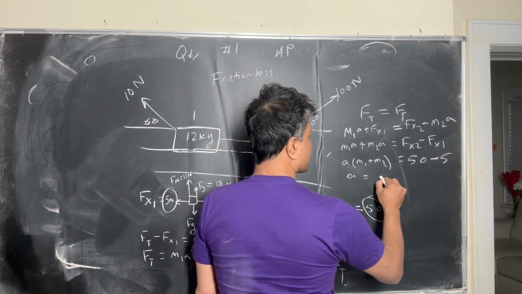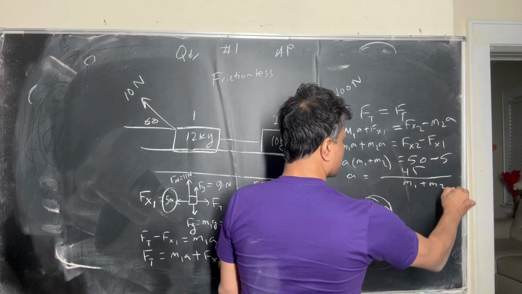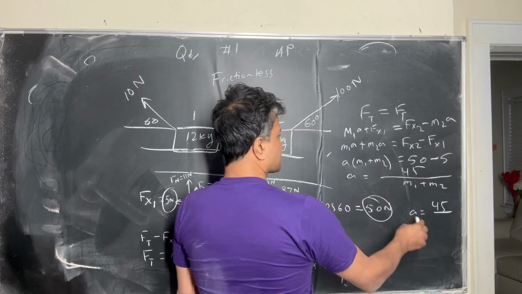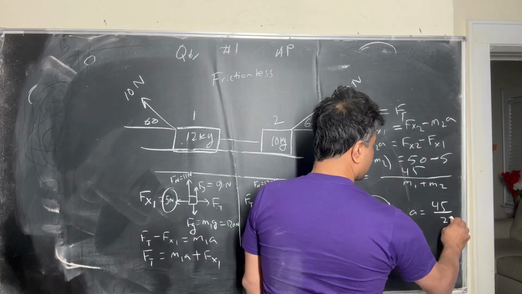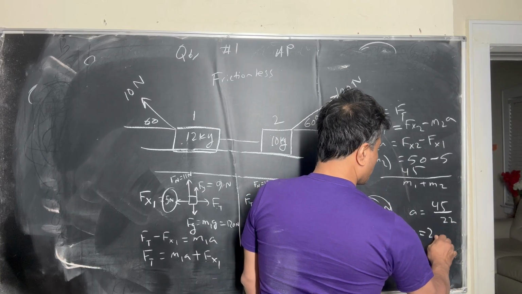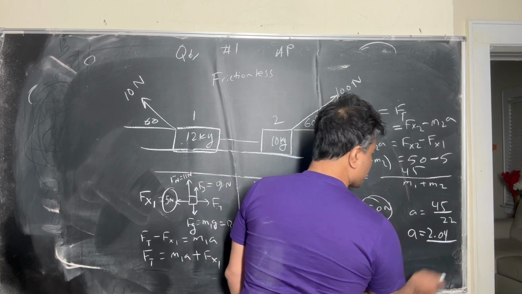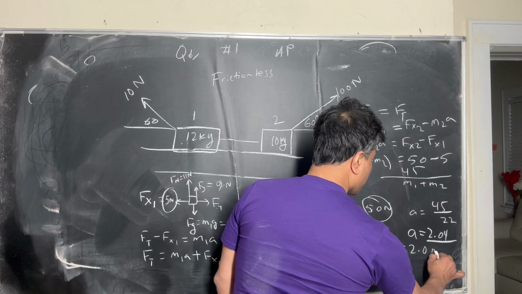So a times (m1 plus m2) is 45. So acceleration is 45 divided by 12 plus 10. So acceleration is 2.04. I asked you for 2 sig fig, so acceleration is 2.0 meter per second square.